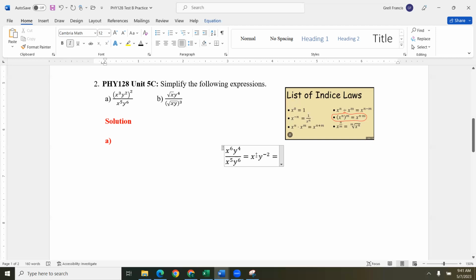Now, once your power is 1, you don't really have to write the 1. And if your power is a negative, then there's another rule whereby you can put it as a reciprocal and it becomes a positive, and x will remain as a numerator because there's a times going on there. So that will be x times 1 over y squared.